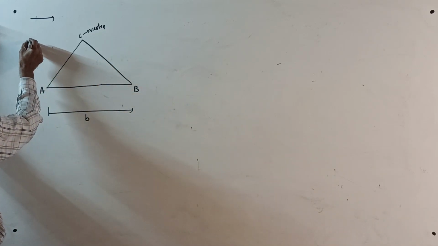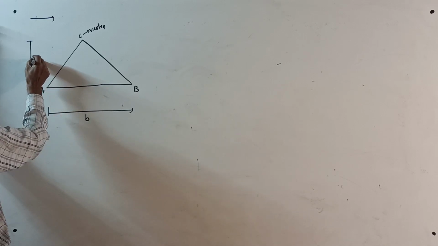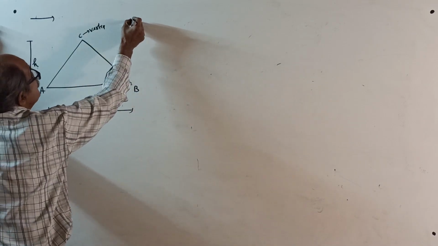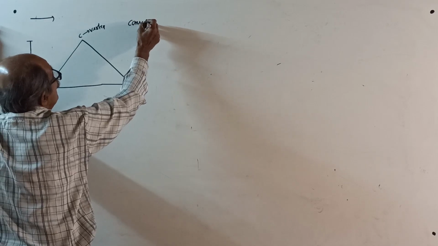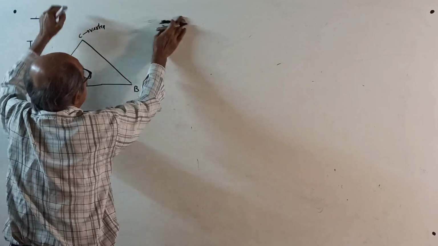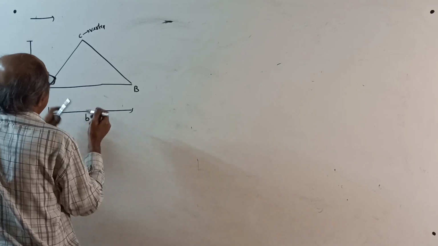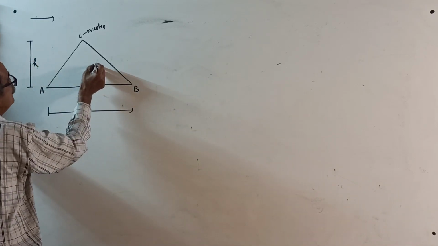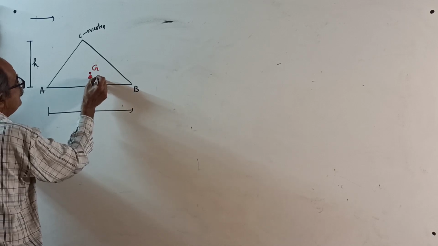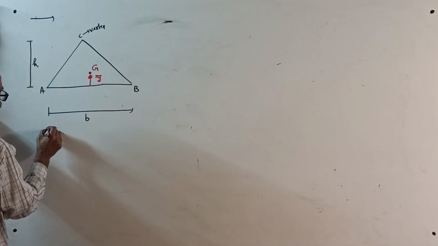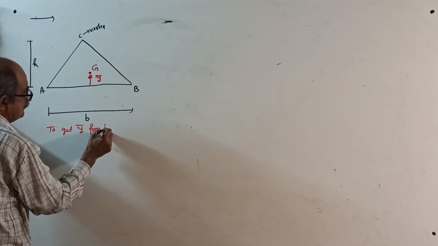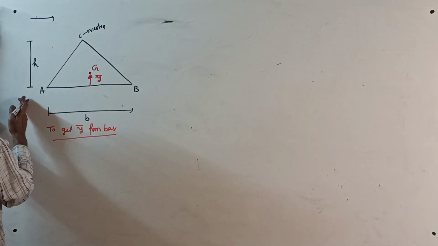This is the height, and anywhere you can mark it. Remember, make a note: we want the centroid here. This is G. We want it from the base. This is y bar. So, to get y bar from base, I already told you, measured from the base along the height.